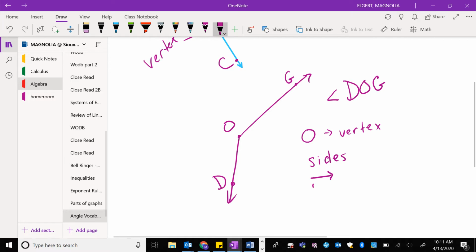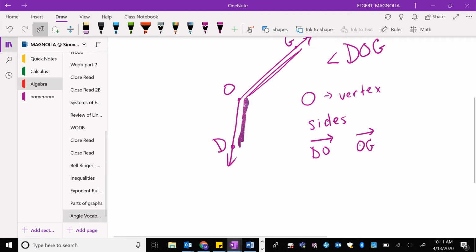So ray DO is a side right here. DO is one side, and the other side would be ray OG, and that's also a ray. That would be right here. So it has a vertex and two sides. So every angle has a vertex, the middle, and two sides. And we use three letters to call the angle.